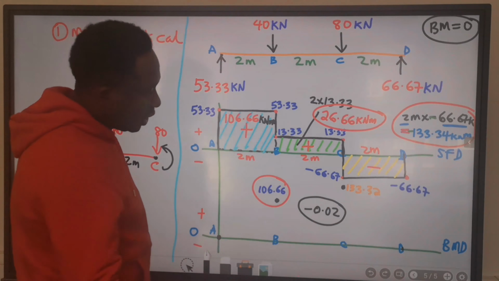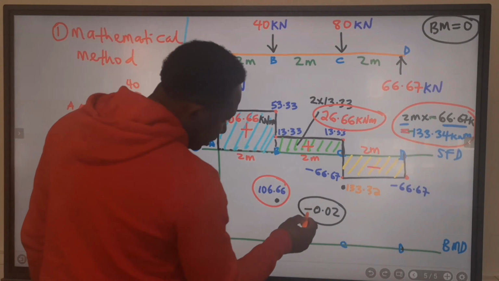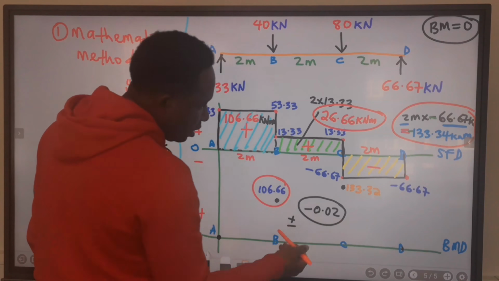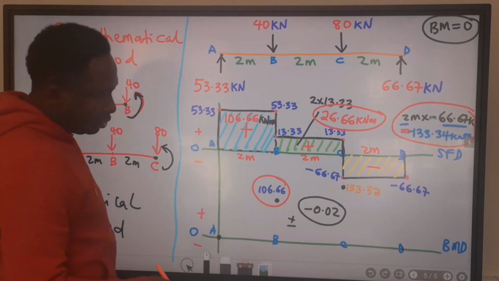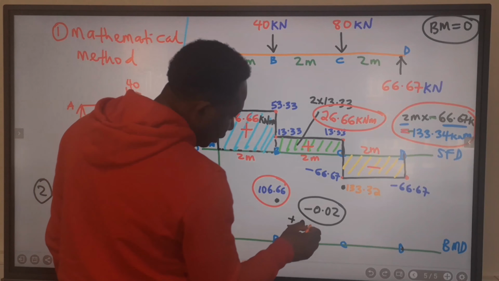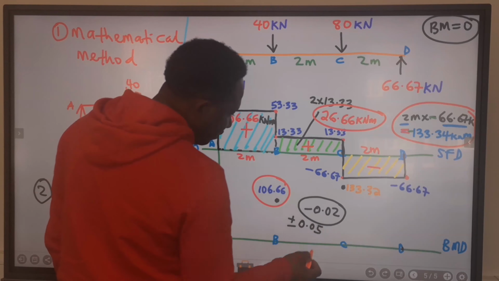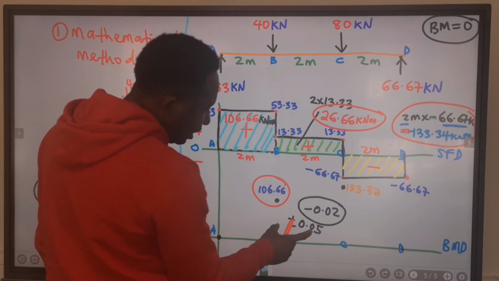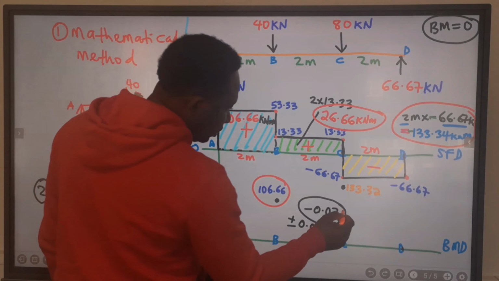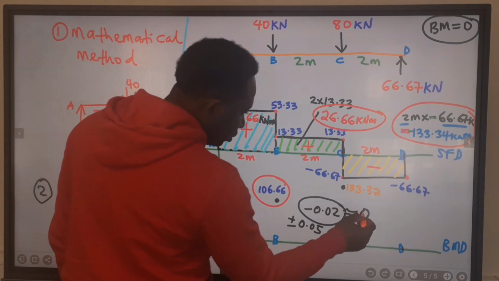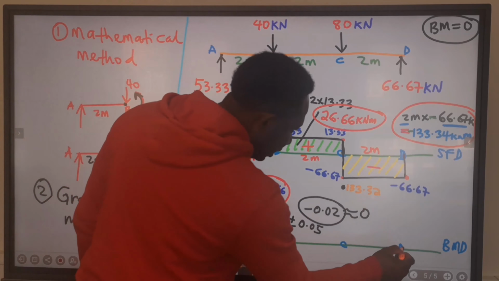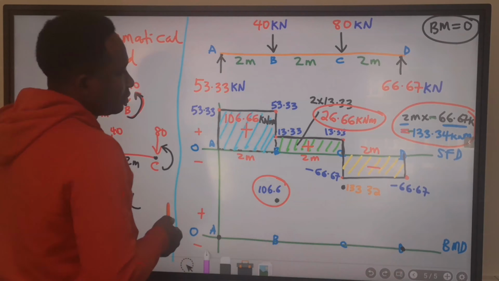In structural analysis, this value of plus or minus is usually ignored. We had a value of plus or minus 0.05. This tolerance is the maximum we can accept. Hence, we can ignore this and approximate it to 0. Hence, our next point will be at D.